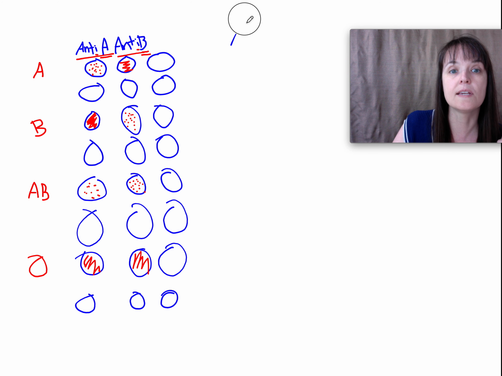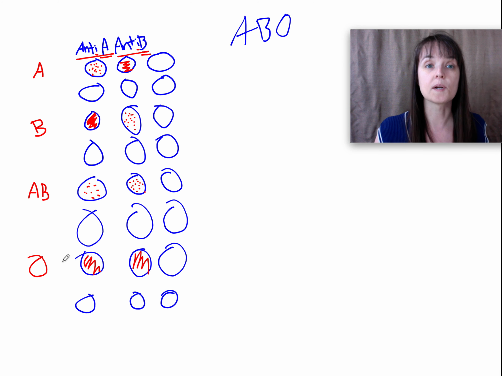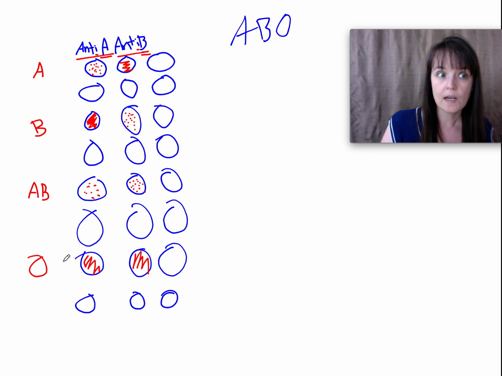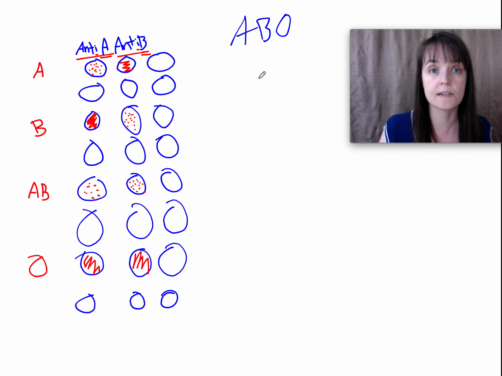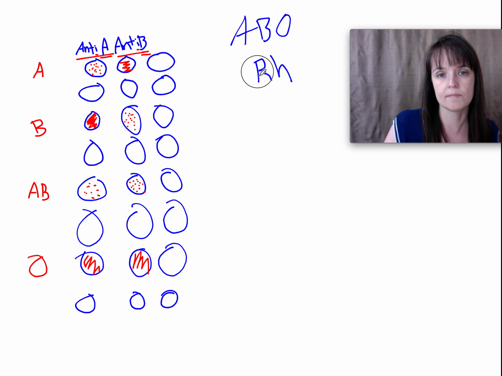So this is the ABO system. But this isn't how we report our blood types. We don't only use the ABO system. We also say if they're positive or negative, A positive, A negative, B positive, B negative, AB positive, AB negative, O positive, O negative. That's all of them. And this is the RH system.